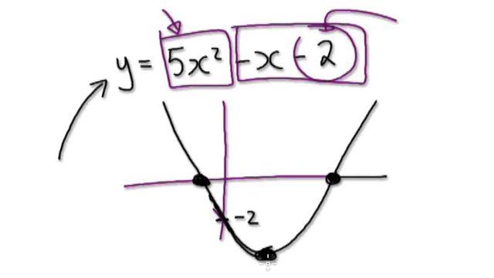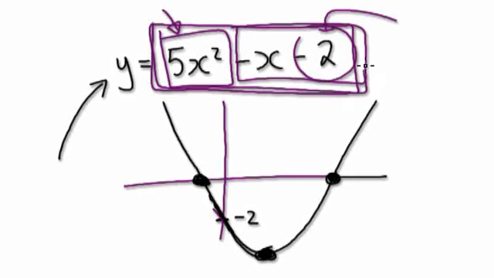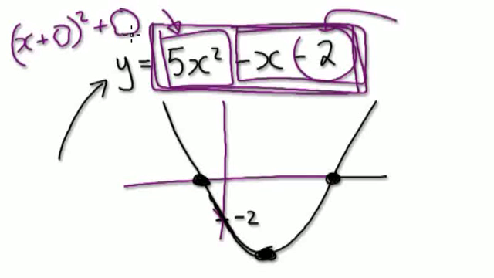We cannot say that at this point the y value will be 0. So we've got to preserve the whole thing here. So let's rewrite this in the form of x plus blah blah blah here squared, and then plus blah blah blah here. So we need to rewrite this whole thing in this form.